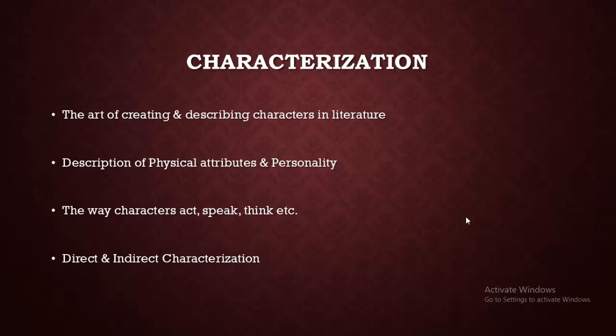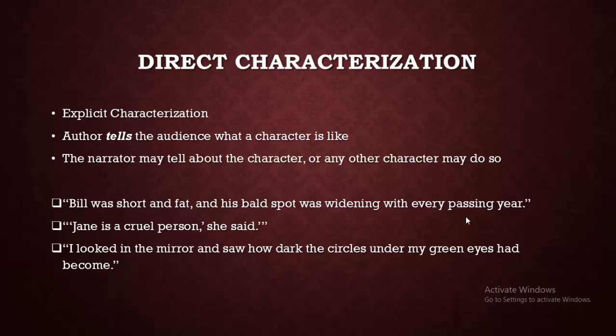And generally, if you talk about characterization, writers usually present and describe their characters in two distinct ways. We can have direct characterization and we can have indirect characterization. Let's look at them each. So direct characterization is also termed as explicit characterization.